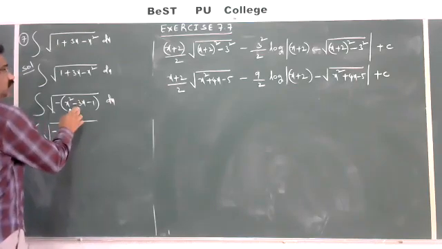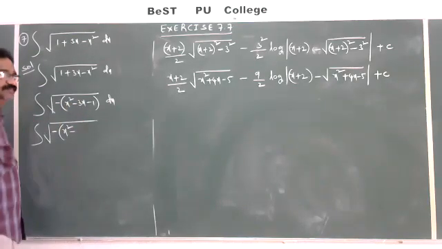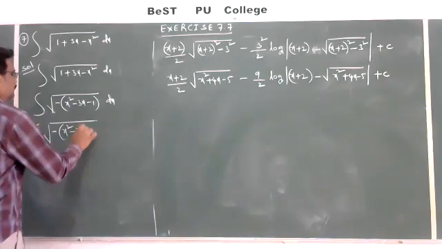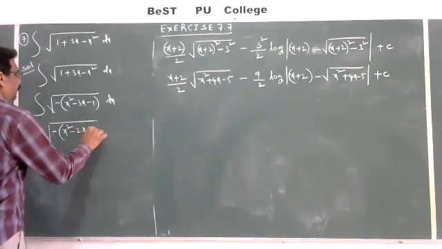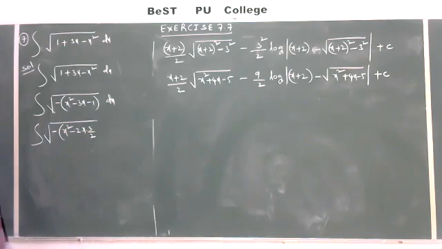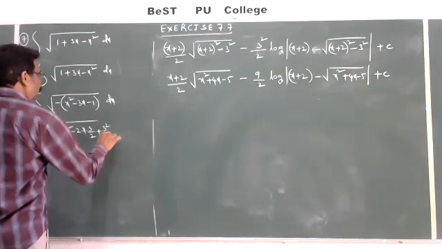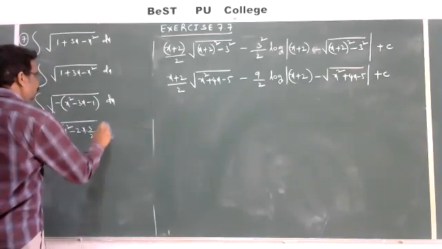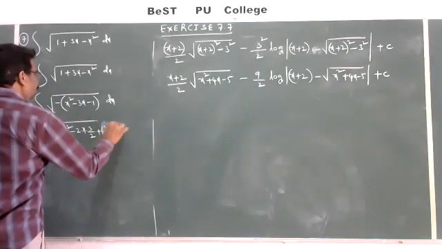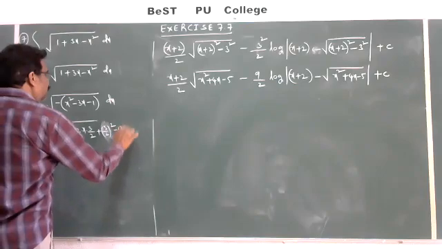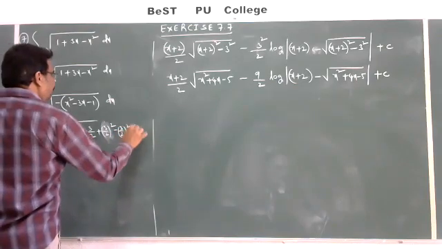Here there is no 2, that's why multiplying 2 and dividing 2. That is 2 into a is x, b is 3 by 2. That's why adding b square, that is 3 by 2 whole square, subtracting 3 by 2 whole square. Already here minus 1 is there.